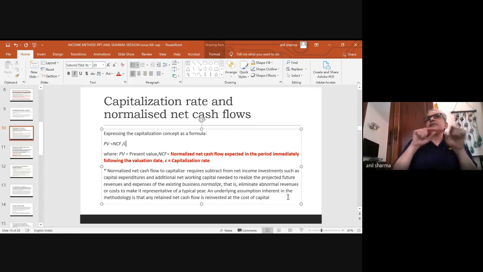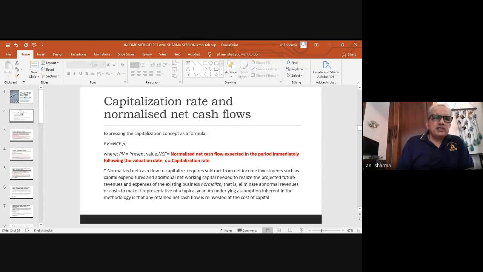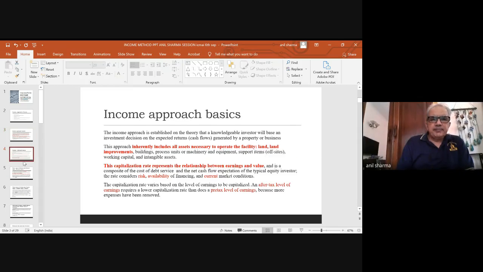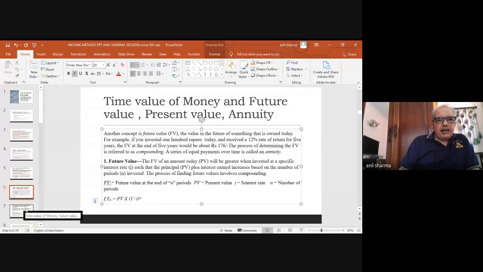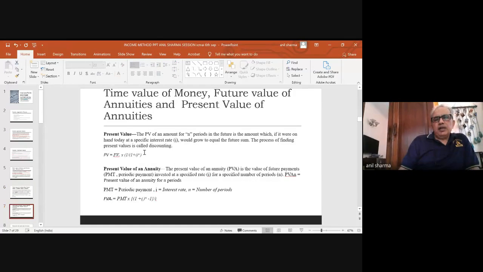If you look at the 1 plus i factor in the denominator, as we had covered earlier in the previous slides, just to recapture that formula. Let's look at the present value.